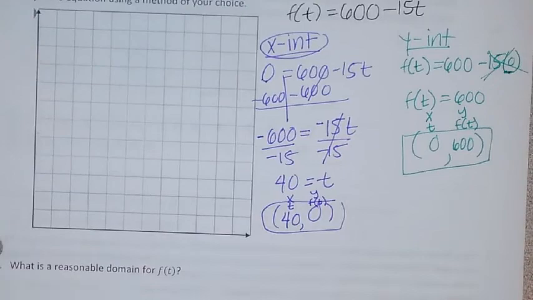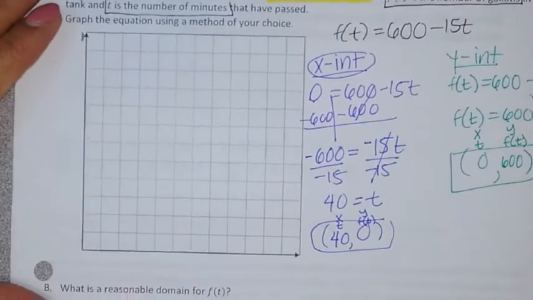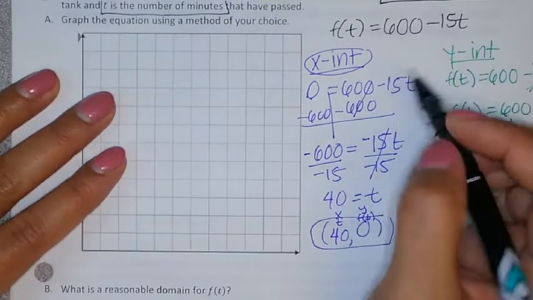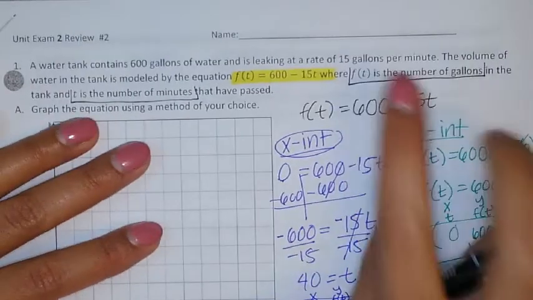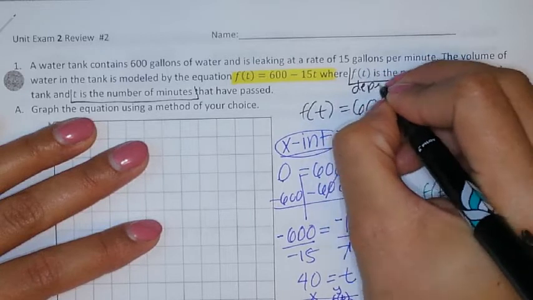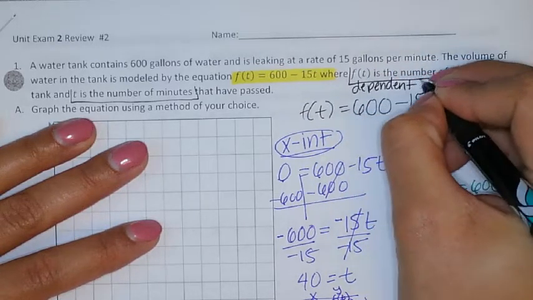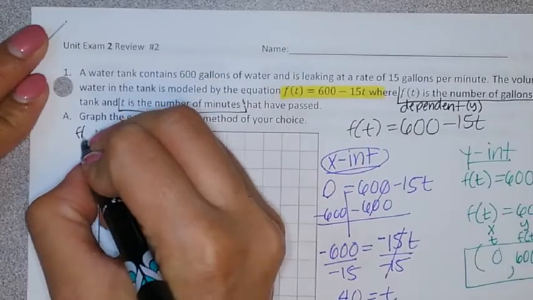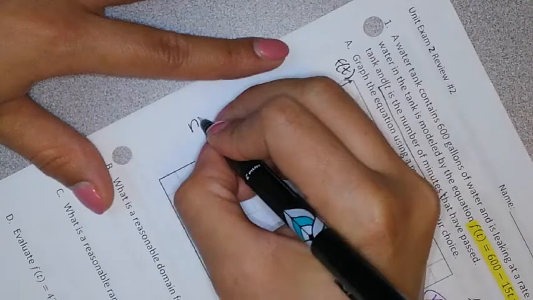I have to go to the graph and decide how I'm going to label it and so forth. So I already know that f of t is my dependent, or the y. Right? So that's the number of gallons. So over here I'm going to name this f of t, and I'm going to put number of gallons.